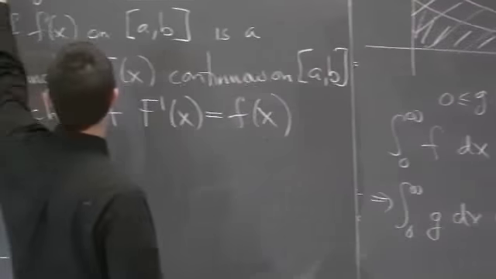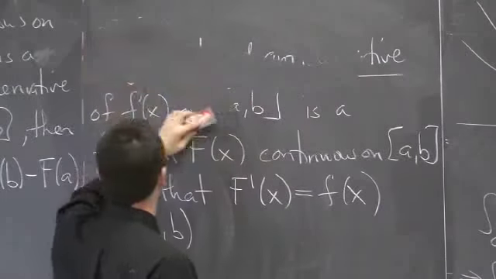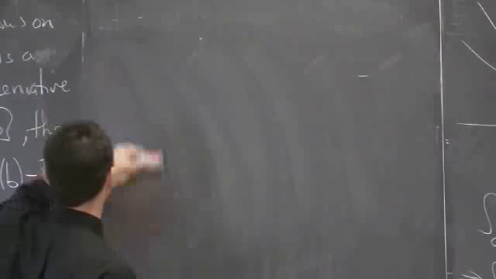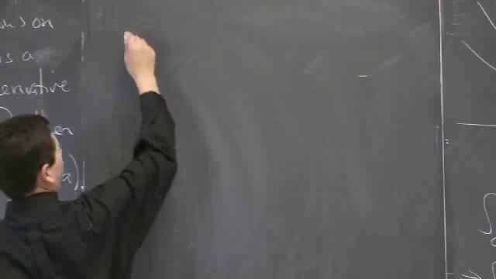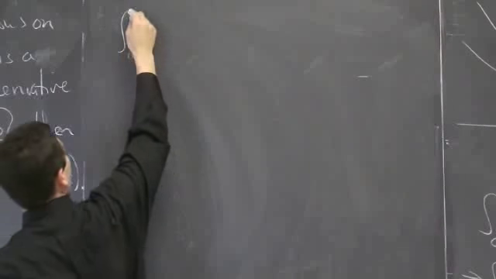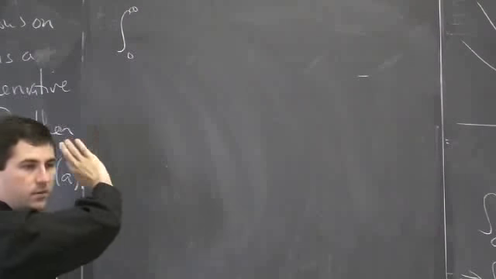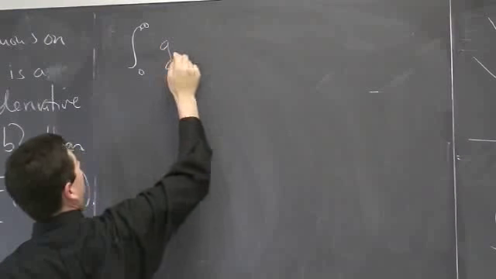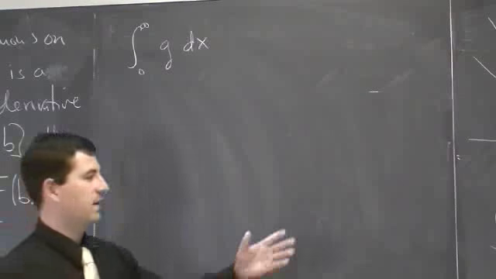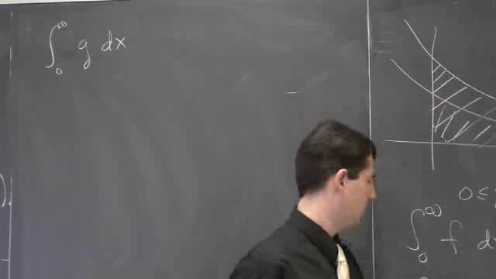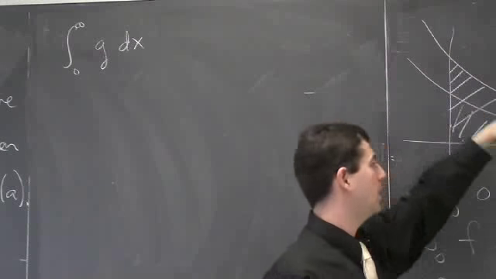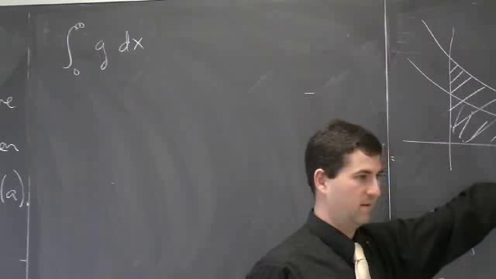What's the other half of the comparison test? Well, it's actually the same picture. And this 0 here is irrelevant. I'm just using it for something. Let's say instead, I do this backwards. Instead of knowing that f converges between 0 and infinity and wanting to show that g converges, let's say I want to know something about f, and all I know is something about g.